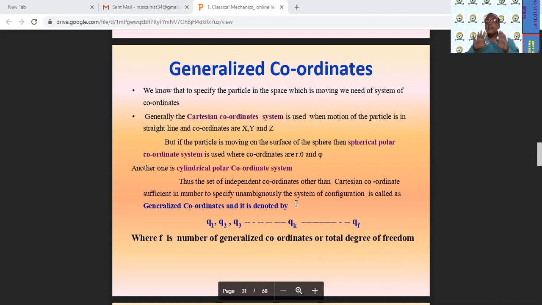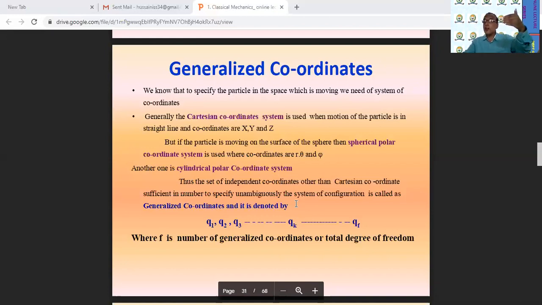So when the particle is moving in space, in addition to the Cartesian coordinates x, y, z, a particular set of coordinates used to specify unambiguously the configuration of that moving particle is called the generalized coordinates.